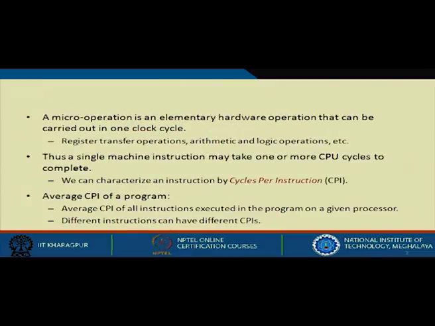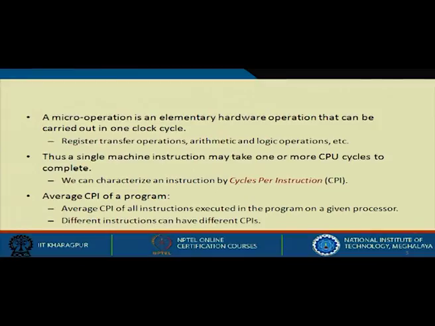Now, moving on, as I said, a micro operation is an elementary hardware operation that can be carried out in one clock cycle. So, the whole set of operations, as I said, PC out, MAR in, read and so on, can be executed in one clock cycle. And in one clock cycle, what we can do basically is some register transfer operations and some ALU operations, because all those are within the CPU, and for that we do not have to bring anything from the memory.